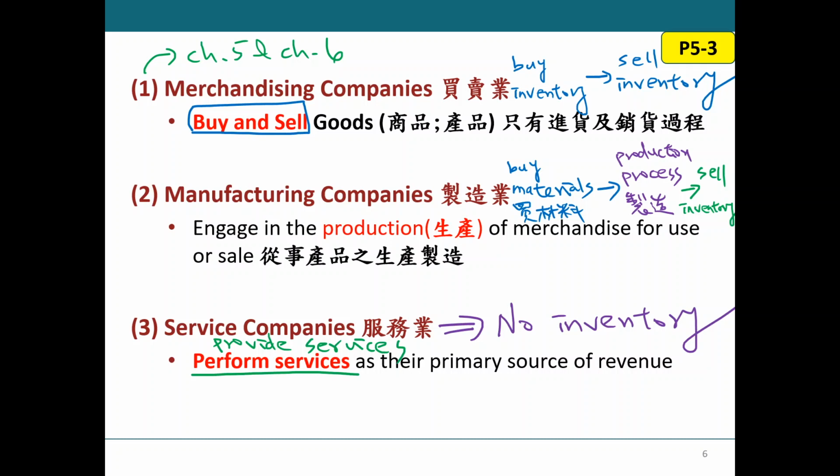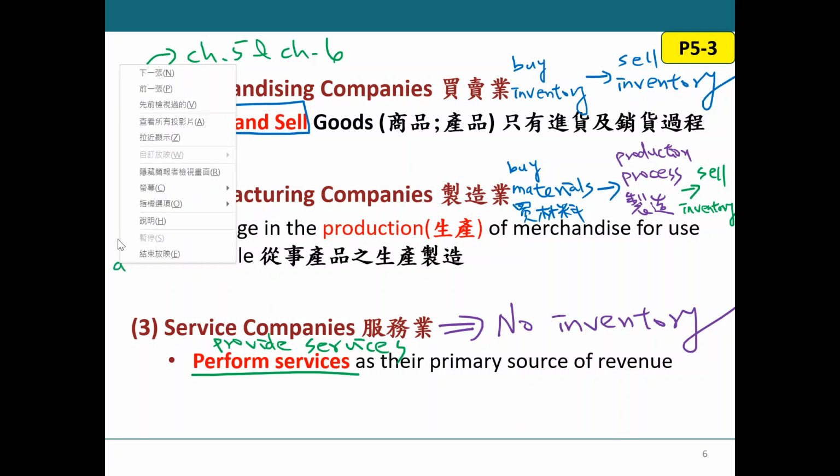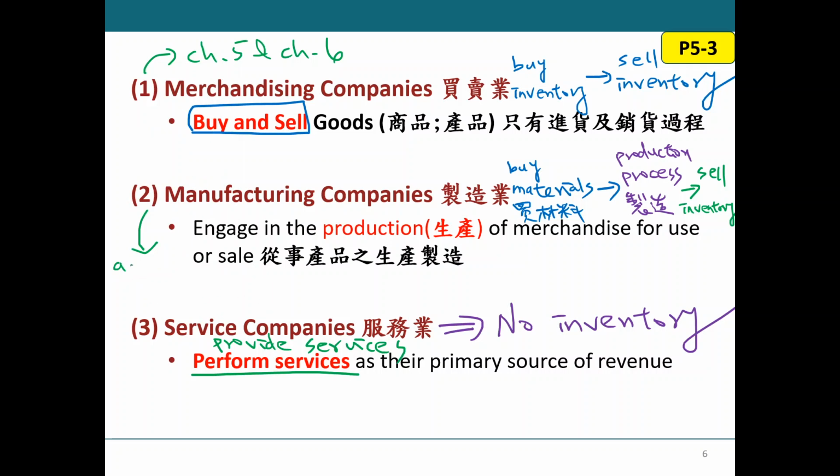If you want to learn more complicated situations, you can choose another course in the future, which we call cost accounting, 成本会计. Another course, 另外一门课. Okay?